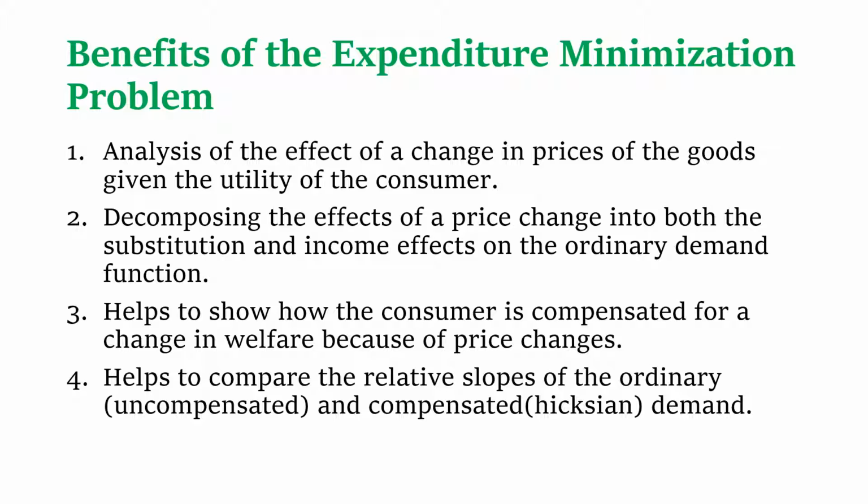That's the same thing here. If the price falls, the budget line is going to rotate outwards, right? And when the price increases, it's going to rotate inwards. Okay, we're going to see that when we deal with the substitution and income effect.